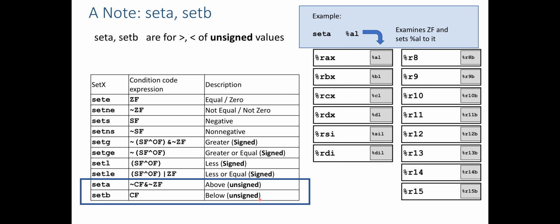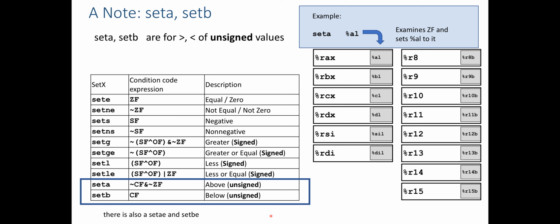instruction set assembly language designers had to come up with some new versions for these. And so what they did was set A and set B. So A means above and B means below. And there's also actually a set AE, so above or equal to, and below or equal to. Now these are used with unsigned variables.